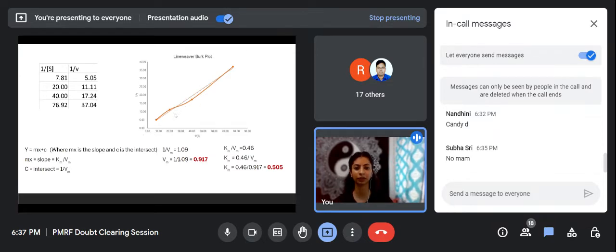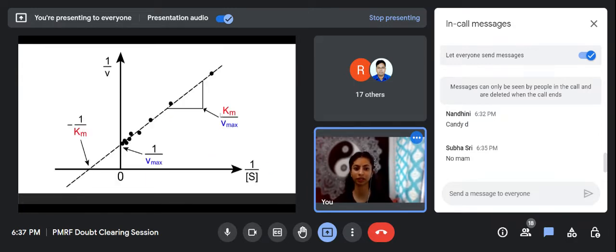So the best fit line shows what a possible straight line will be, right? And the equation for that will be in the form of y equals mx plus c, where m is the slope and c is the intercept, right? And the slope is equal to Km by Vm, like you can see here.